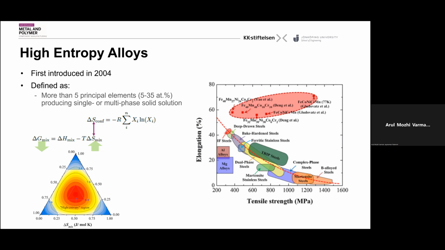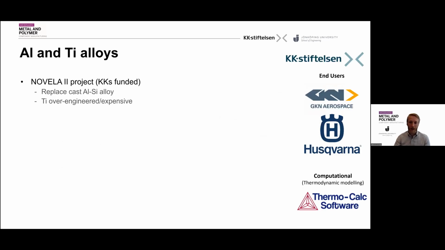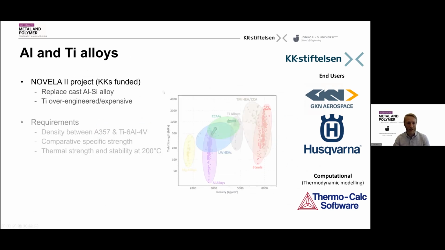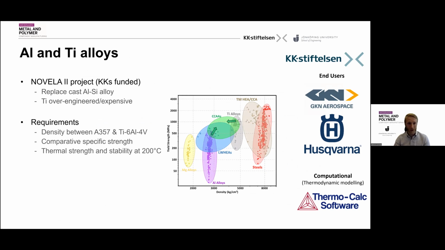So what we wanted to do was take these high entropy alloys and apply them to some more conventional alloys that need to be improved within the industry. We've taken this to a project that we are still currently running called Novella 2, funded by the Knowledge Foundation, the same one as for the WebLearn project.